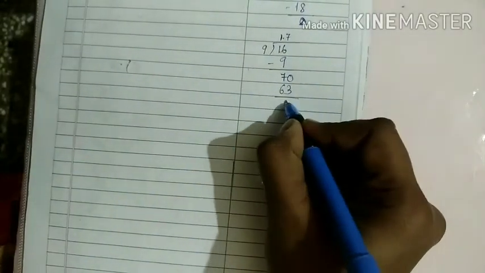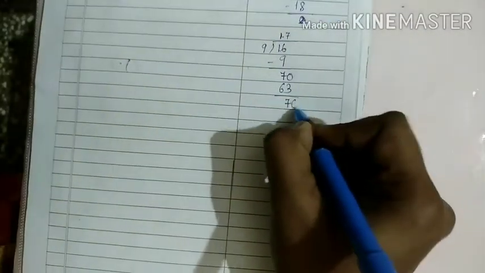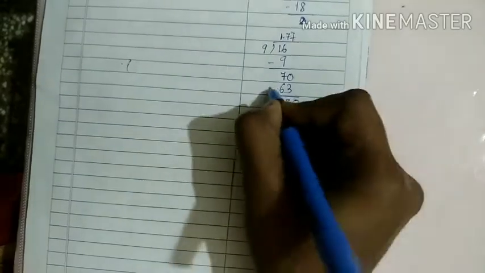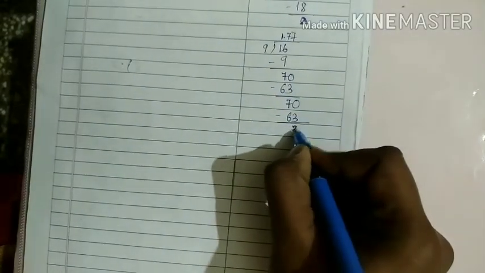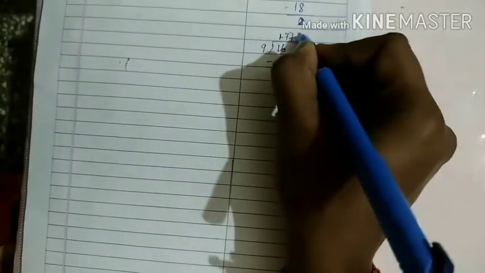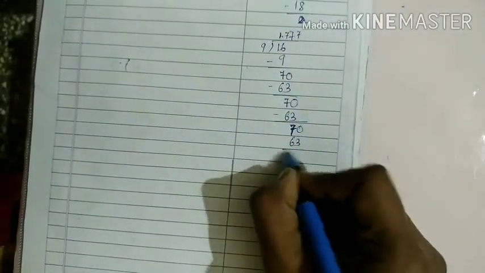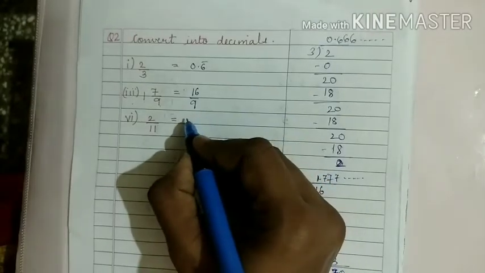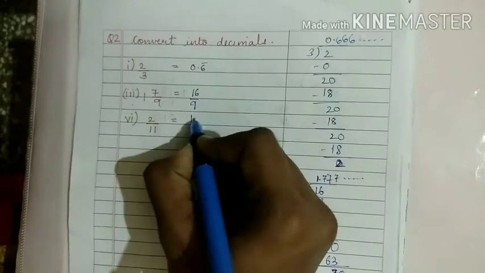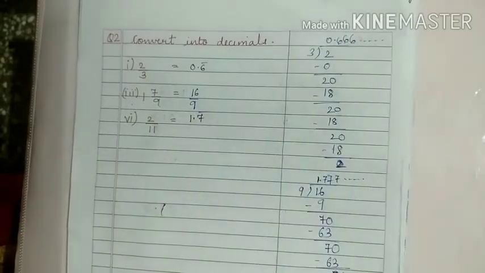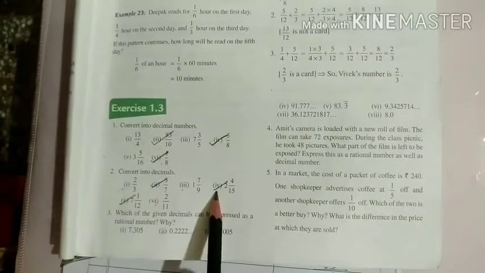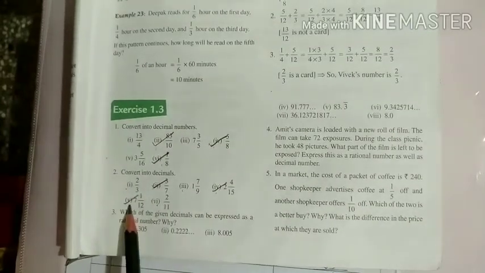The answer is 7 again. 0. 9 sevens are 63. Again 7. Sevens are 60. So this is going to continue. So I'm going to write it as 1.7 recurring. In question number 2, sub question number 2, 4 and 5 is homework.